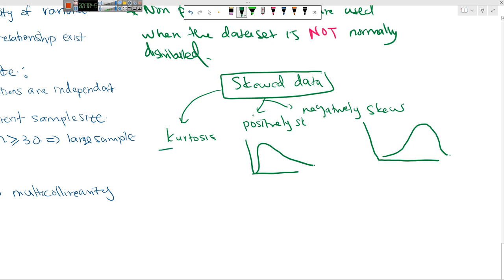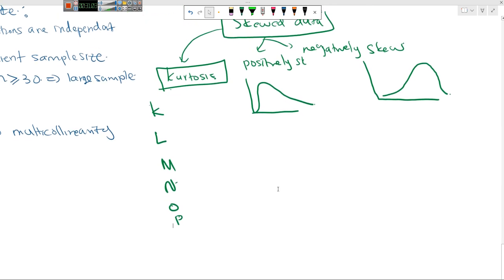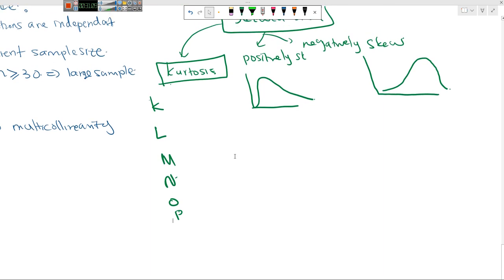We have three types of kurtosis. To remember them, you can remember this order: in the alphabet we have K, L, M, N, O, P, right? The first one is leptokurtic, the other one is mesokurtic, and the other one is platykurtic.